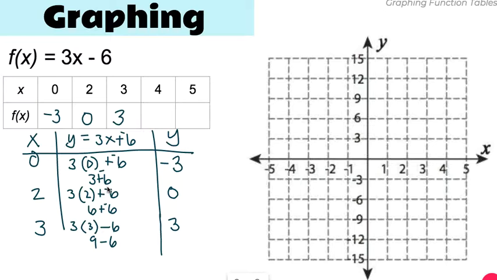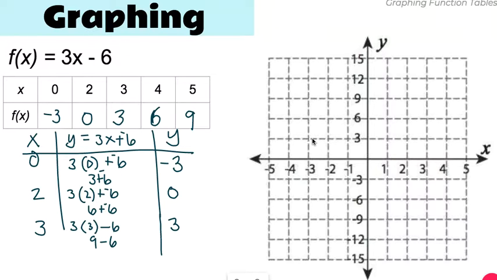Go ahead and complete your table with x equals 4 and x equals 5. Hit pause and then come back when you're ready. You should have gotten 6 when x is 4 and 9 when x is 5.